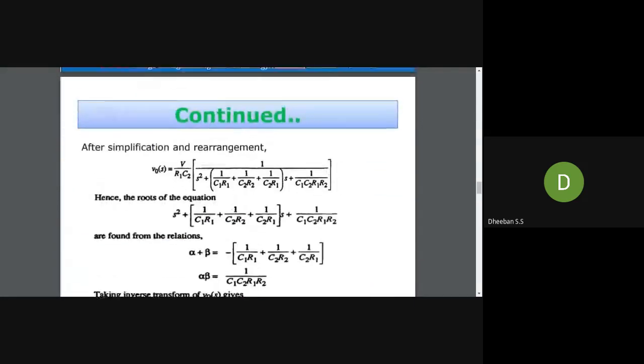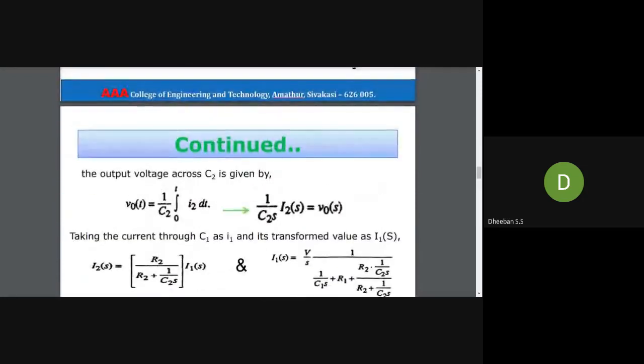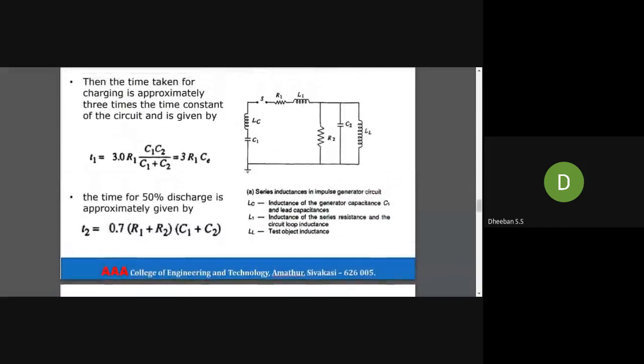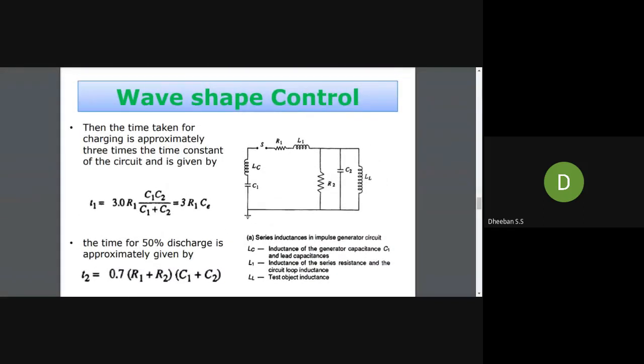So this is the impulse voltage circuit, right up to this. Next is the wave shape control. This is the circuit by which the shape of the impulse voltage can be controlled.